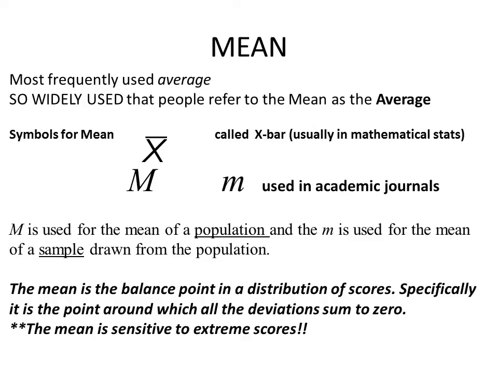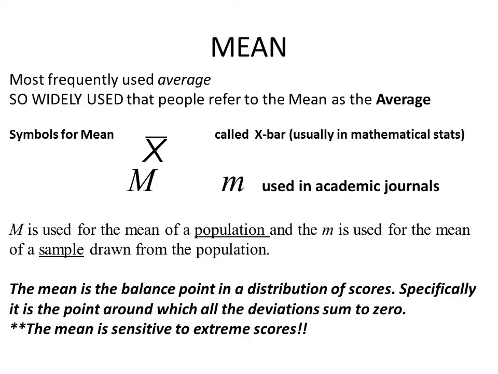Now, when we also talk about average, let's also say that the term average is very ambiguous because there are numerous types of averages that are used in statistics. However, in this particular chapter, we will only be looking at the mean.